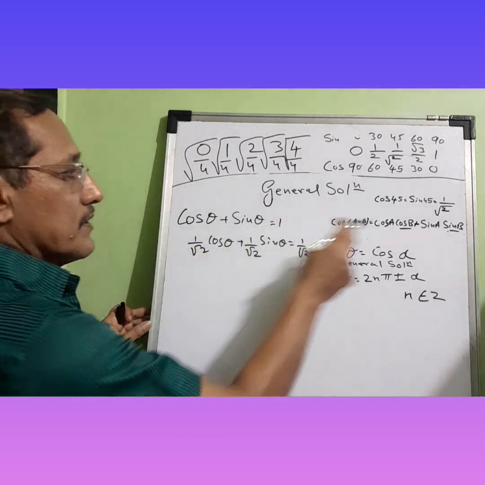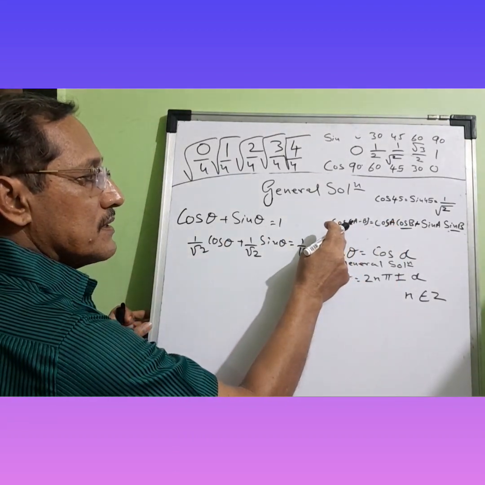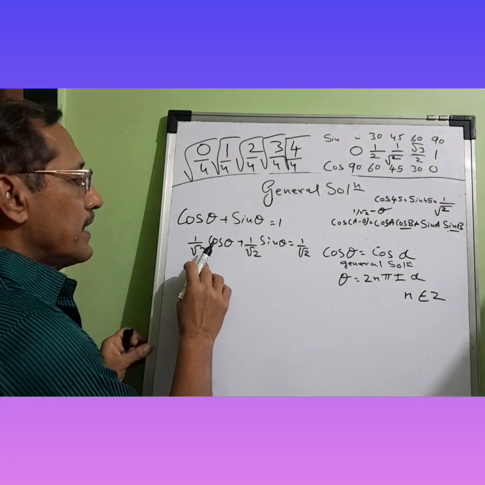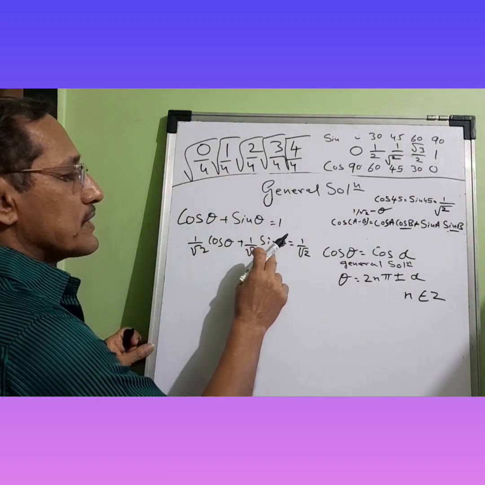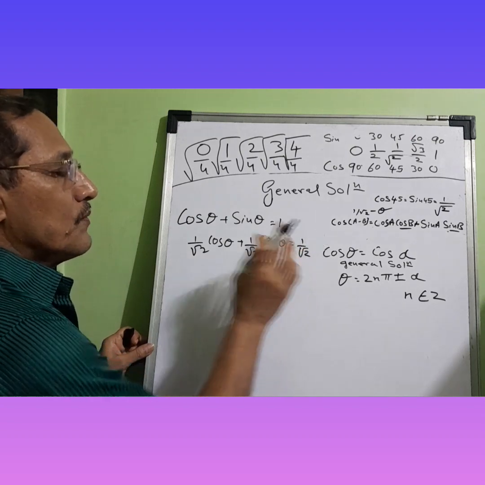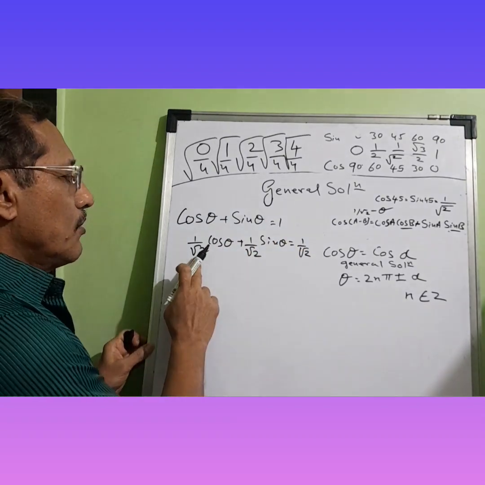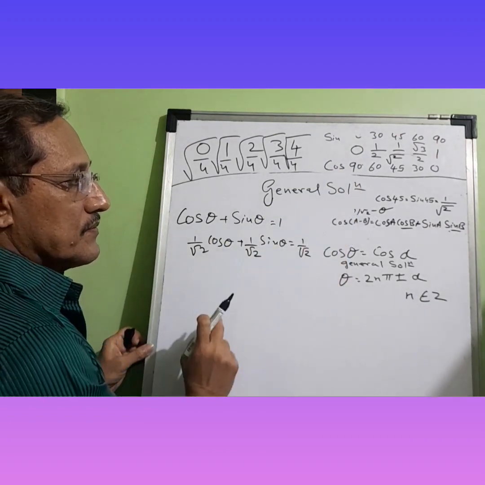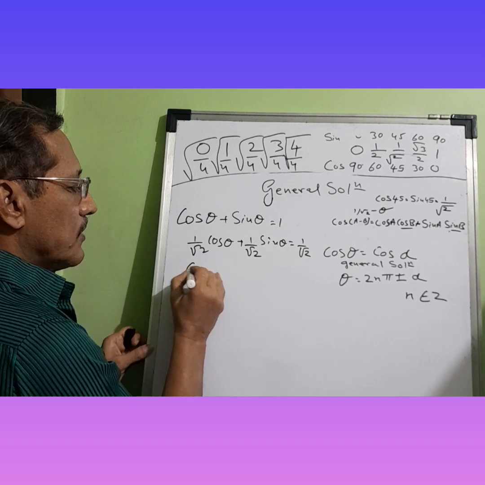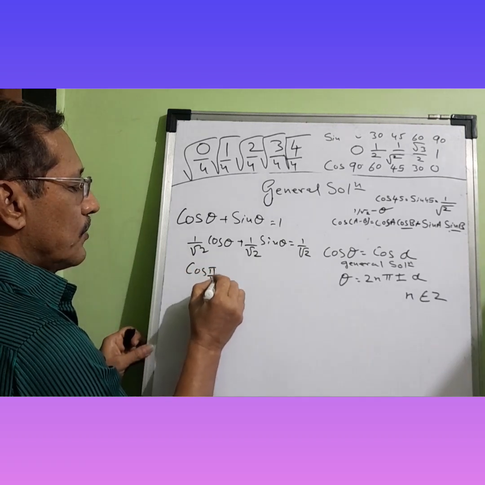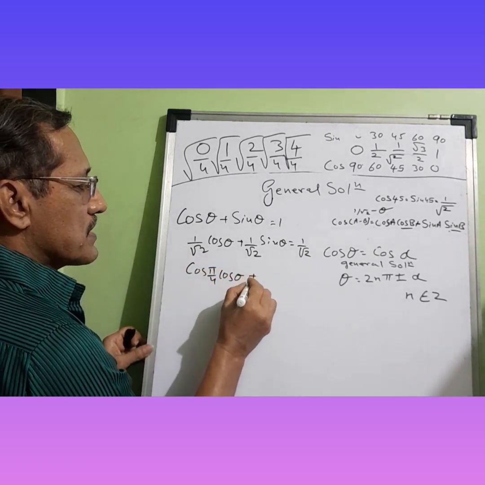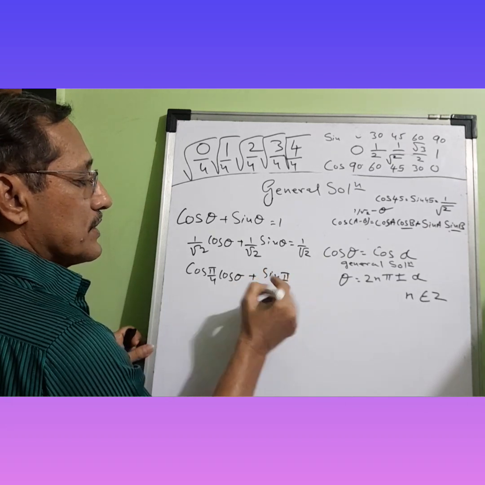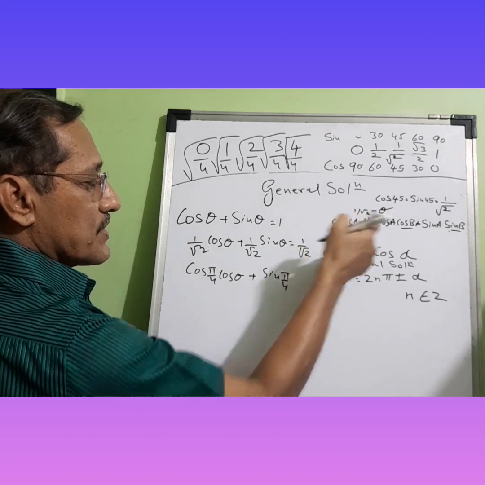Now, this was the formula for what? Cos A minus B. So on substitution, 1 by root 2 cos theta plus 1 by root 2 sin theta is equal to 1 by root 2. That's what we get. Now we also have got to put it in terms of cos. So we can jolly well put it as cos pi by 4 cos theta plus sin pi by 4 sin theta is equal to cos pi by 4, since it has the same value and we are interested in getting this formula.